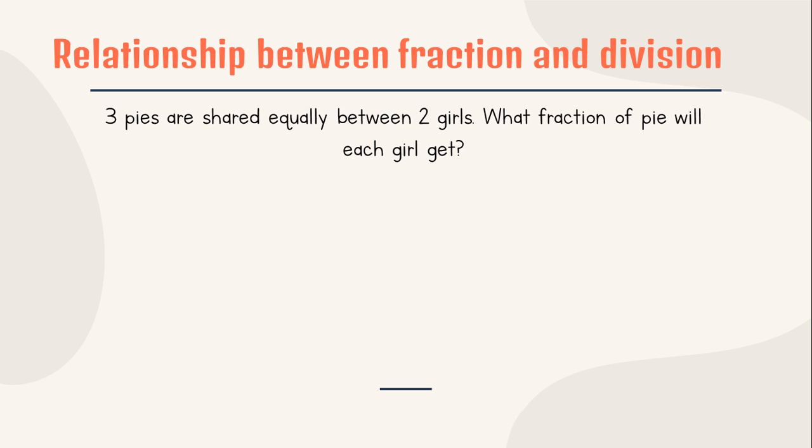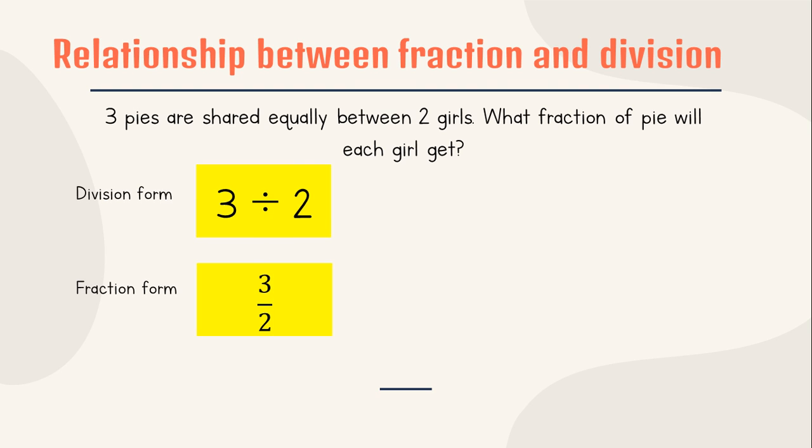3 pies are shared equally between 2 girls. What fraction of pie will each girl get? So, 3 per 2. That's it. But can we make it into another fraction form? Yes, because 3 is bigger than 2, we will have 1 and then the rest, 1 per 2.